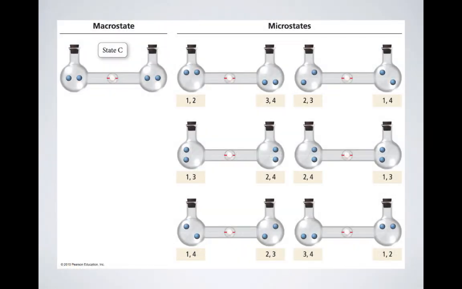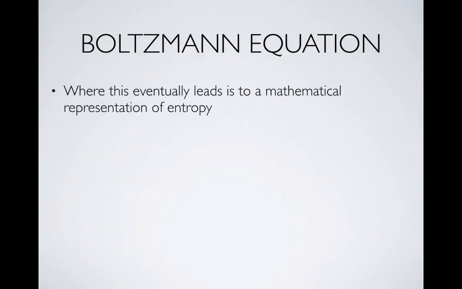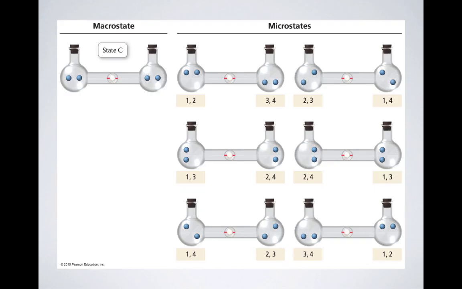We can look at the difference between macrostate and microstates in this slide here. Let me go back. There we go. In the macrostate, we've got 2 particles on the left and 2 particles on the right, so 4 total particles. That's the macrostate. We haven't considered the different ways of arranging these particles.